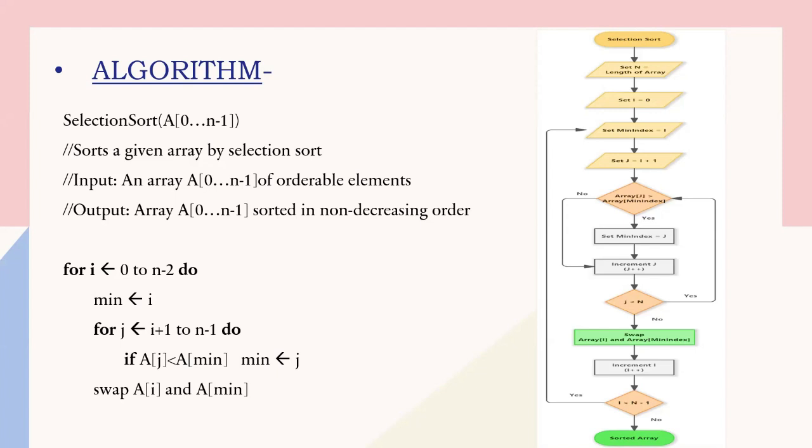And now if the adjacent element is lesser than the minimum element, then the minimum element will be changed. It will be replaced with the j element. And now since the minimum element is changed, A[i] and A[min] will be swapped.